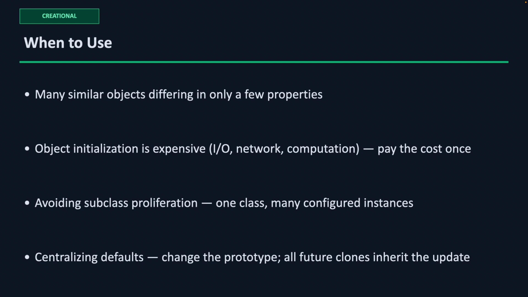And lastly, when a default class or field should be centralized. That way, if we want to modify all of the different clones, we can change that prototype once, and all of the clones pick up the new default automatically. In that case, we wouldn't have to find and replace all of the multiple constructor calls.